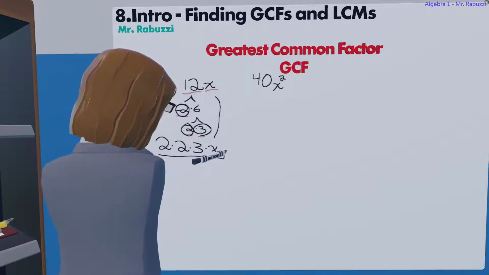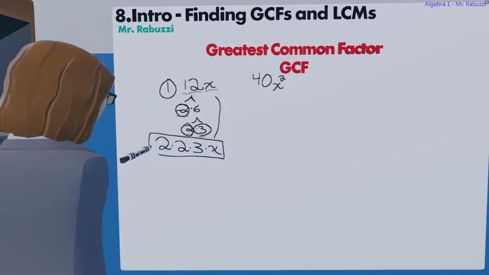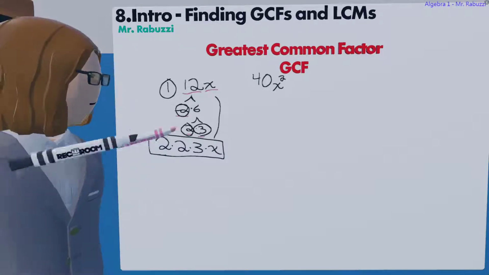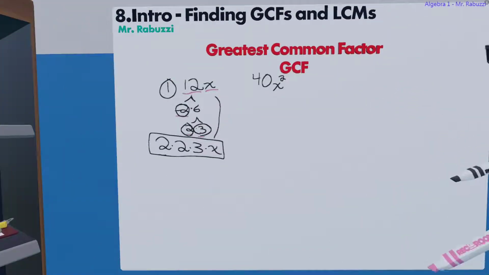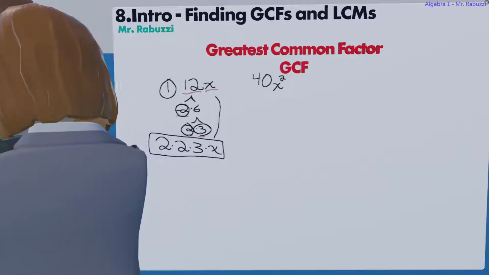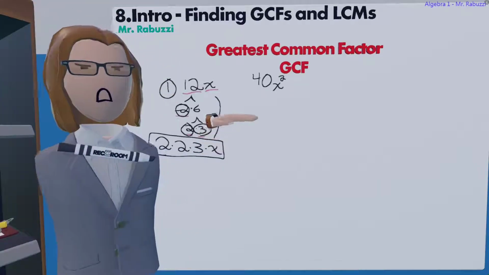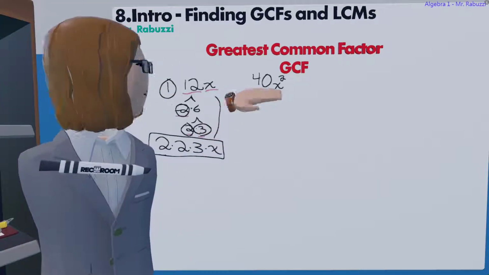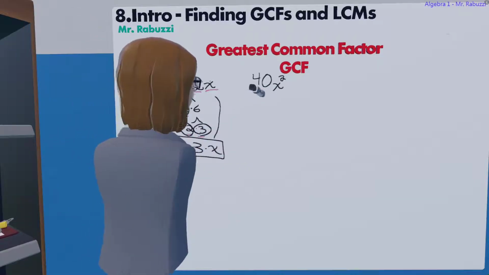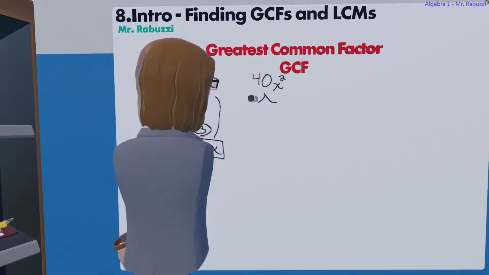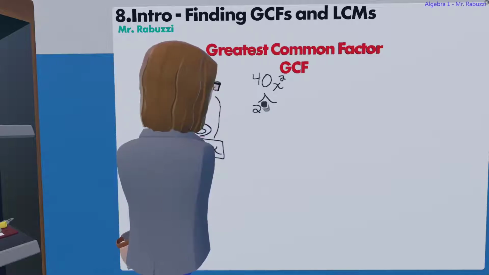Okay, now let's check our 40x squared. Okay, let's break it into pieces. 40, we need to factor that. 2 times 20.